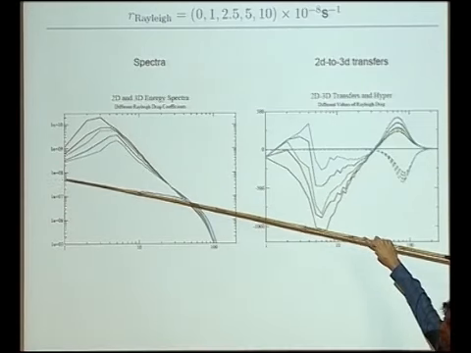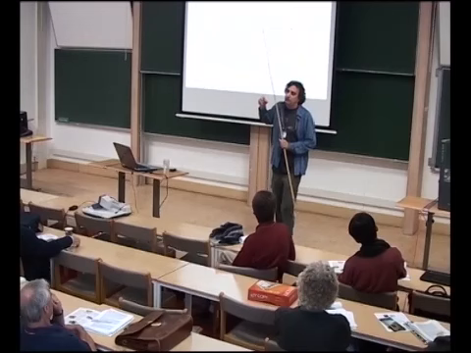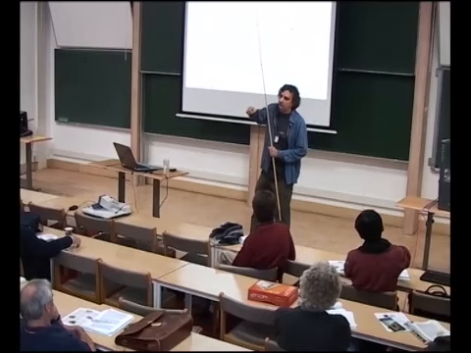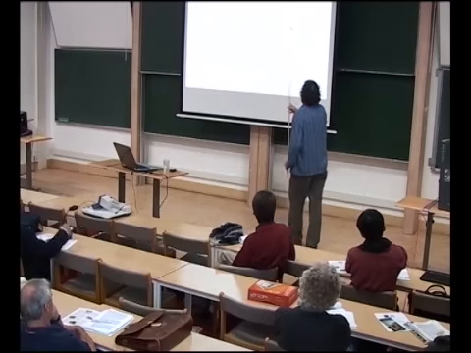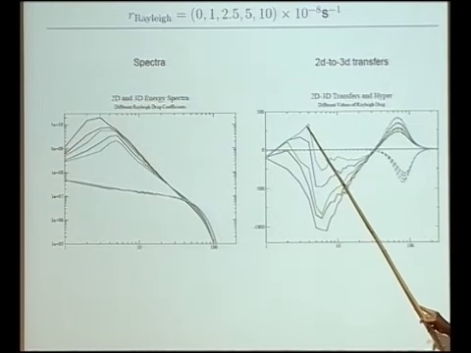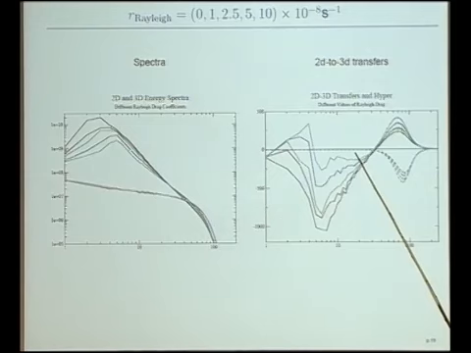You can see that the Rayleigh drag has almost no effect on the 3D flow, as you'd expect. The Rayleigh drag's in the 2D equation. But it does have a strong effect on the amplitude of this 2D to 3D transfer mechanism, right?